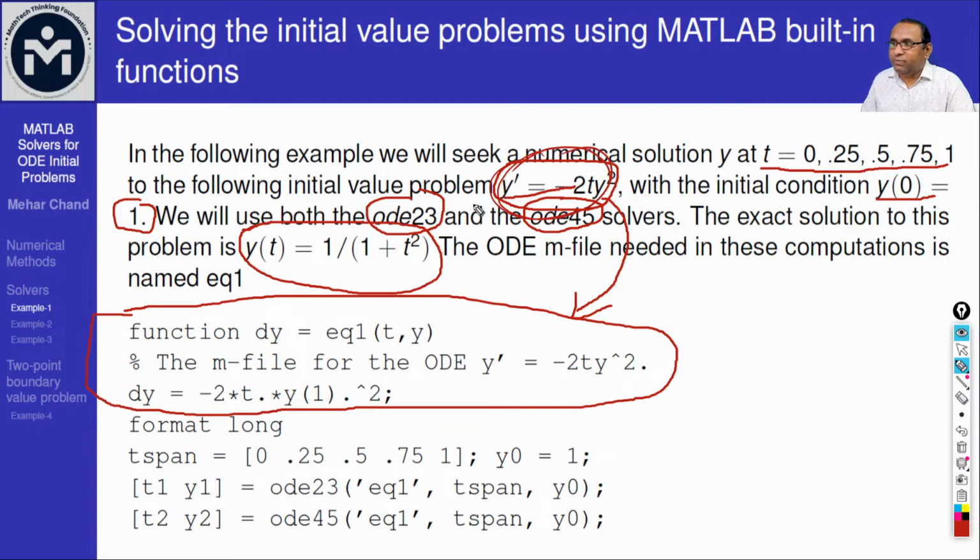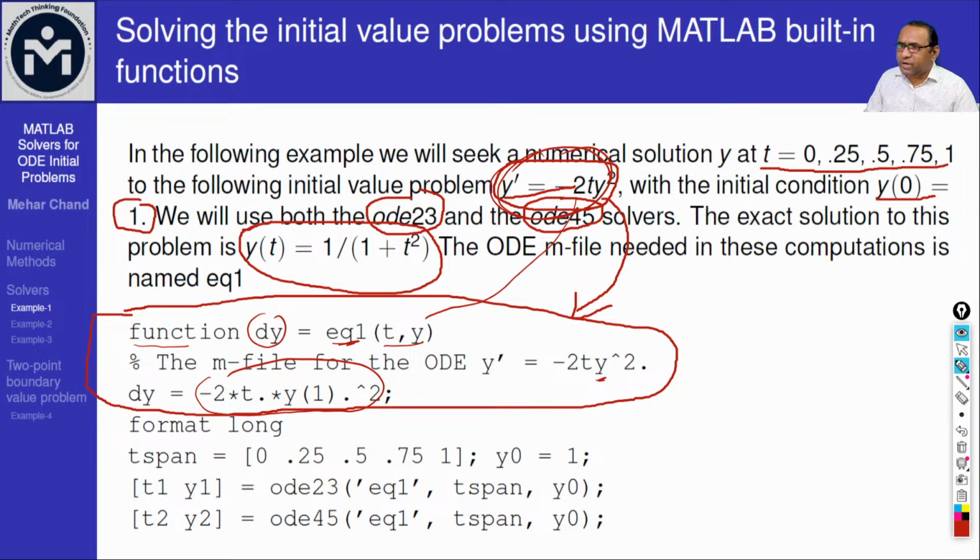So function dy, this is equation number 1, and this differential equation involves two variables t and y, and equal to minus 2 t times y dot caret 2. So we can write the above equation in this way.